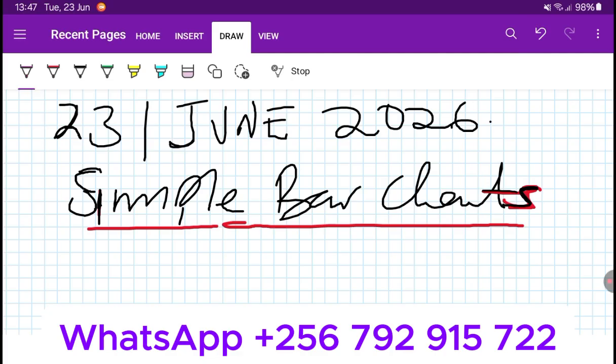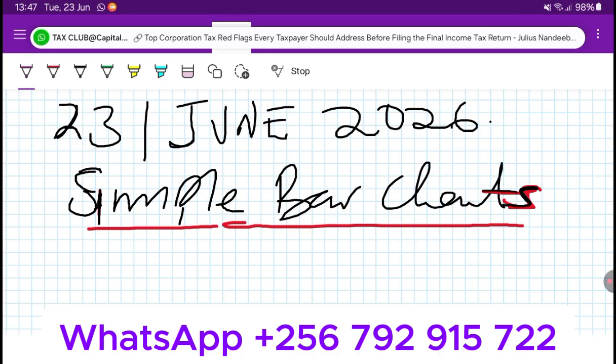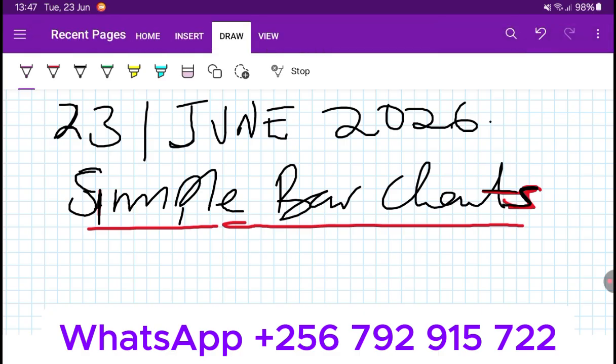Or you can do the shading, so that you can be able to identify these items as we go on and on.